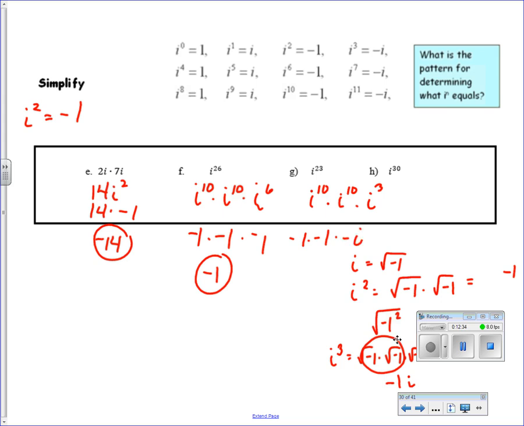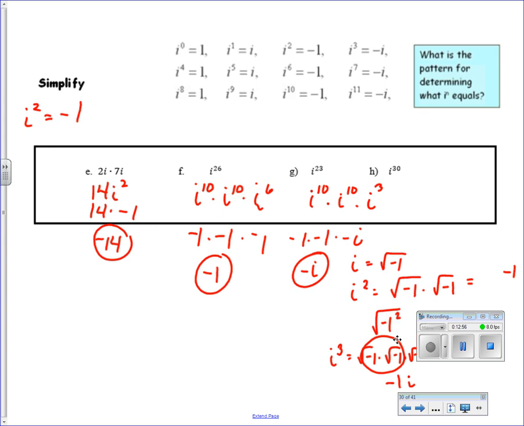So if I have -1 times -1 times -i, what will it make? Well, what's -1 times -1? That's going to be 1. Now do 1 times -i. -i, that's it. So there's my answer.